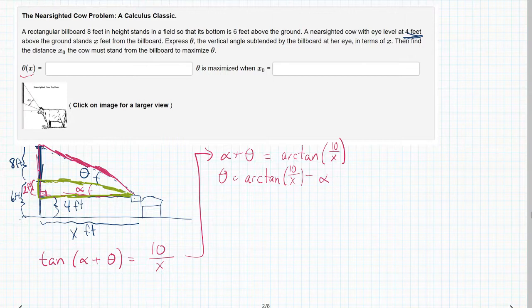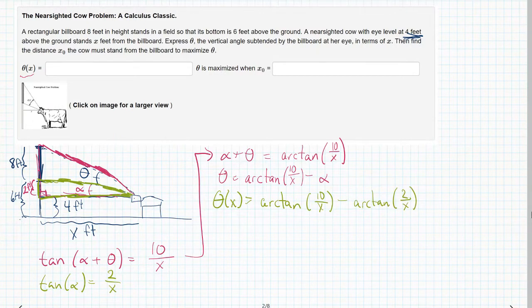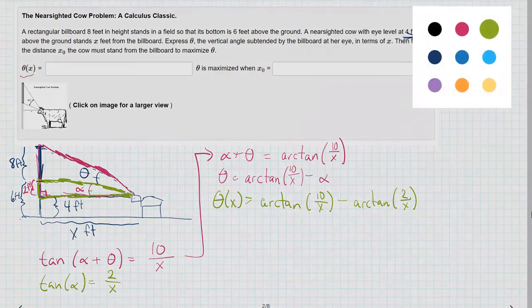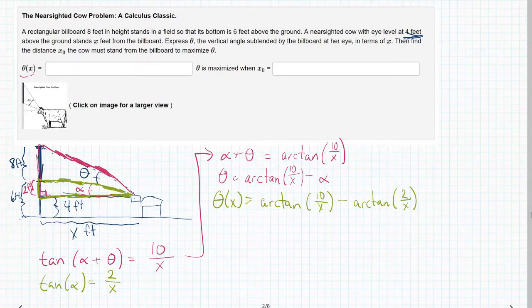Notice we can say the tangent of alpha equals 2 over x. So that means theta, if we want to put it in terms of x, equals the arctangent of 10 over x, or tan inverse, you'll hear me say sometimes too, minus the arctangent of 2 over x. Let's go back to a more normal color here.